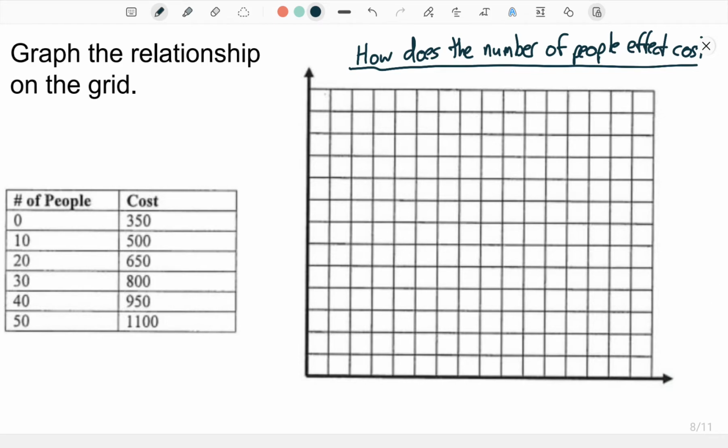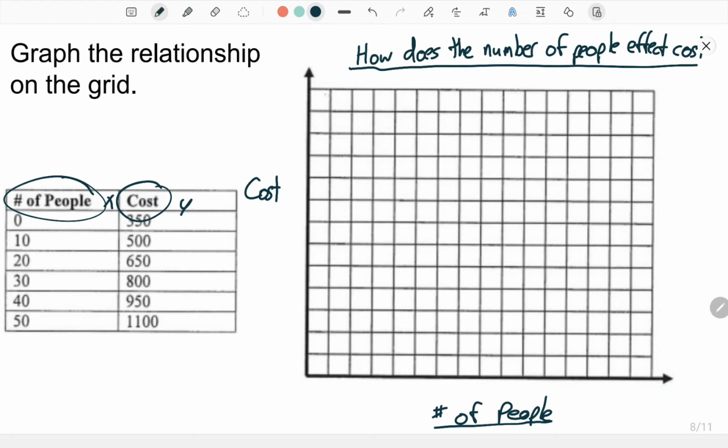Next, we need our x and y axes. We said the independent variable, the number of people, is going to go on our x-axis. So we're going to label that as the number of people. Again, I'll underline that. And the cost is going on our y-axis.